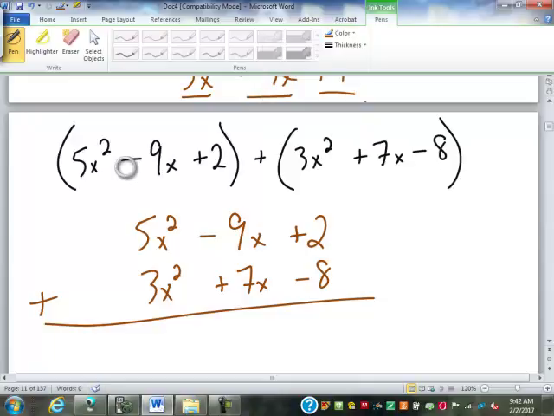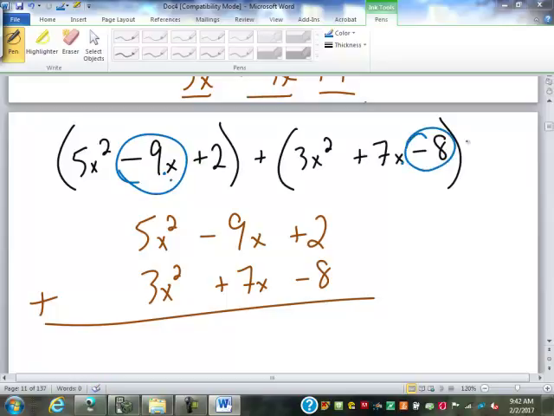Now again, this operator here works with what comes after it. So that's saying this is a negative 9x. Here that's saying this is a negative 8 ones, or negative 8. So when I go to add, this is 2 plus a negative 8.